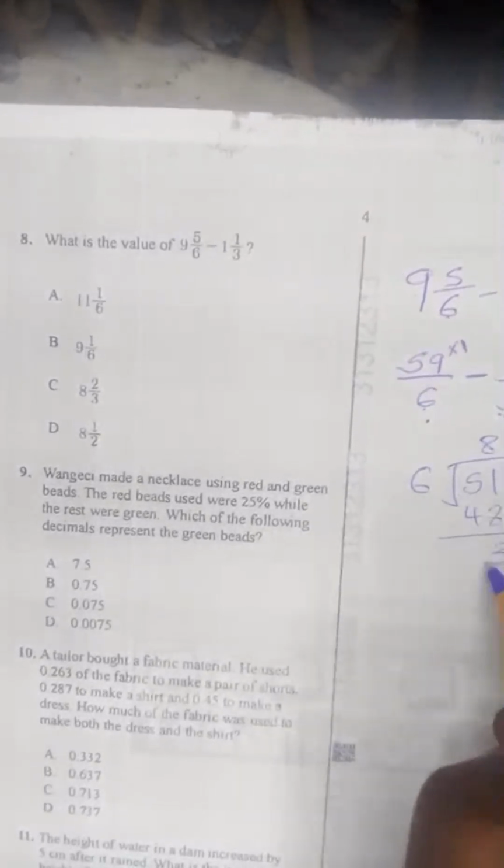And if you subtract, you are remaining with 3. Therefore, it is 8 whole number, then 3 over 6. So 3 goes here 1, 3 goes here 2 times. So we have the right answer there as B. Just make sure that every time you attempt a fraction question, you simplify your answer to the simplest form.